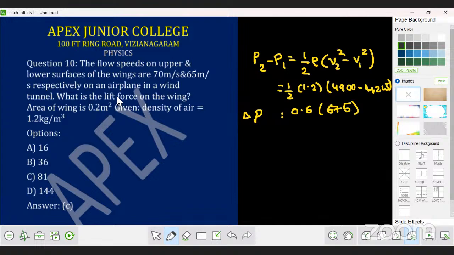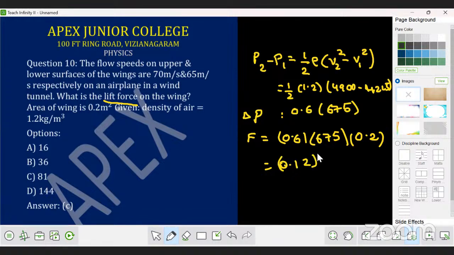What is the question? What is the lift force? Pressure is nothing but force by area. Then force equal to pressure into area. That means 0.6 into 675 into area, how much is given? 0.2 meters square. Again 0.2 into 0.6, how much? 0.12 into 675.